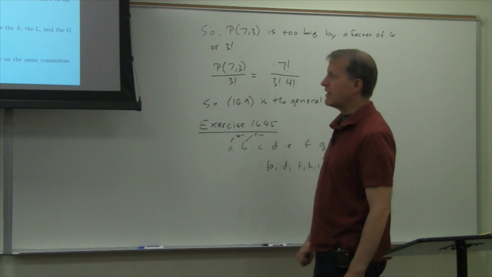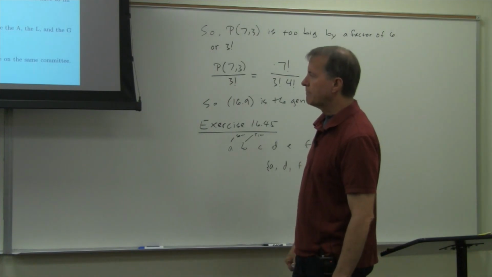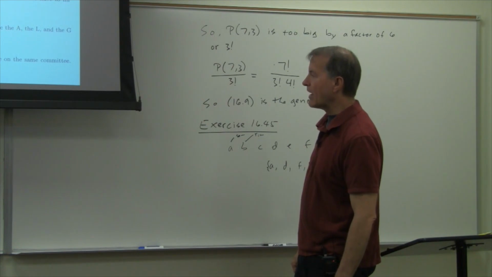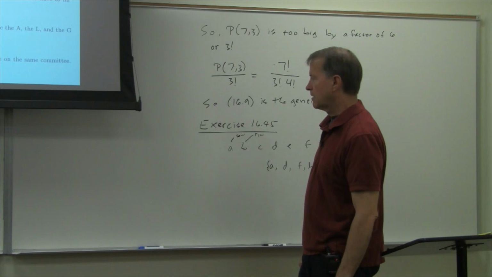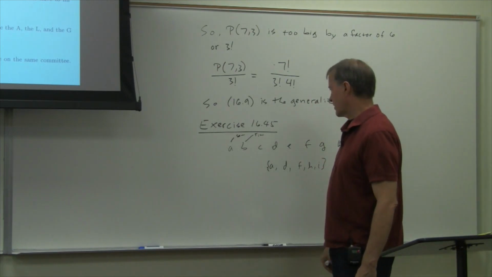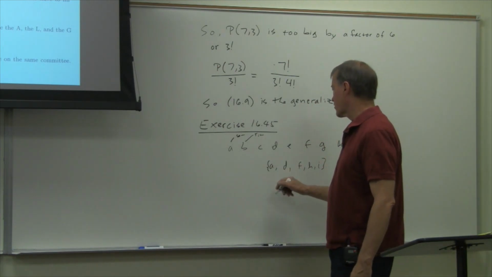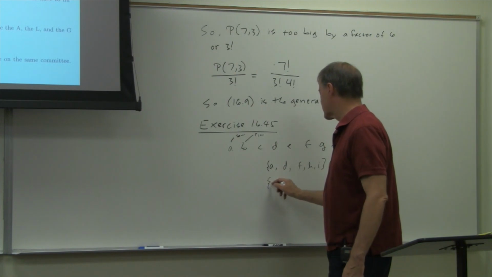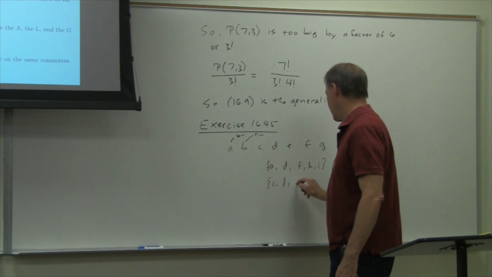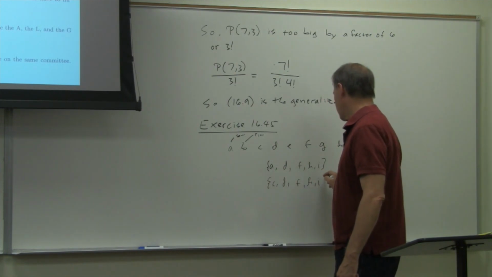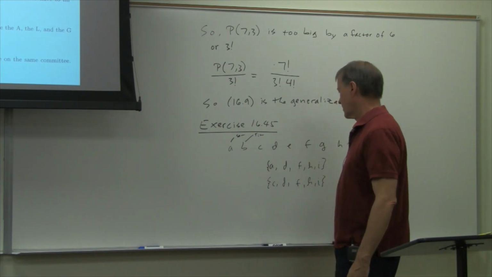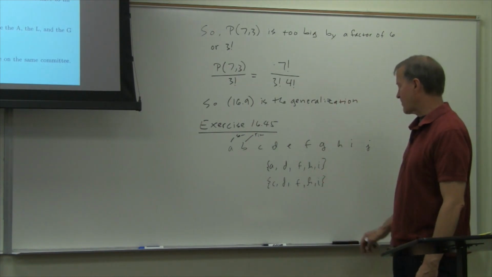Now, do Sam and Tim have to be on the committee? I guess they don't have to be. So another possibility is C, D, F, H, I. Oh, they don't have to be on it at all? That's what I'm asking.